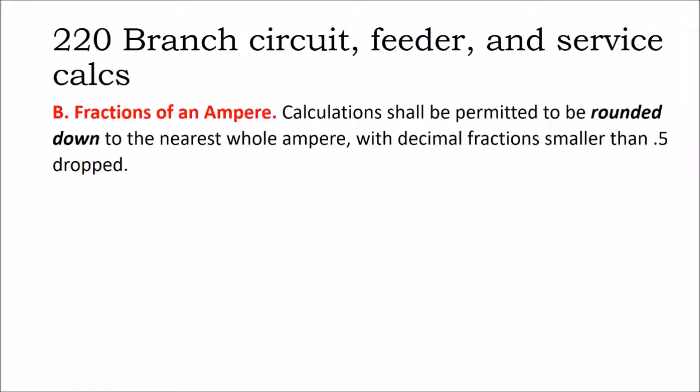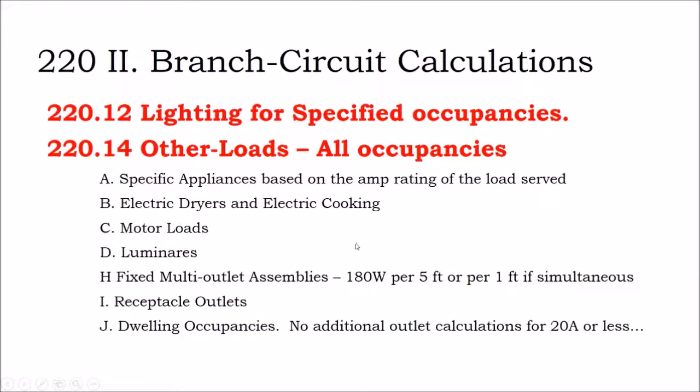And I don't understand the last part. It says you can round down to the nearest whole amp with decimal fractions smaller than 0.5 dropped. I guess that's referring to if you're doing multiple steps in the calculation, how precise you need to go with your calculations. And you will have specific calculations for every specific kind of power device in code.